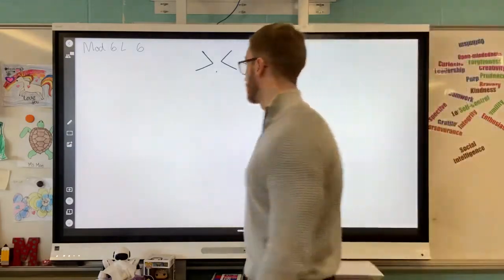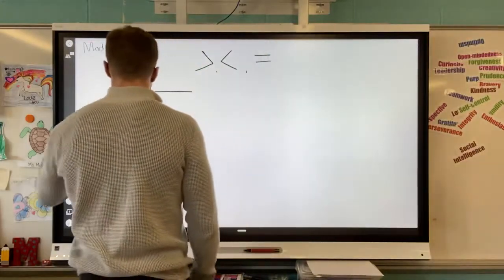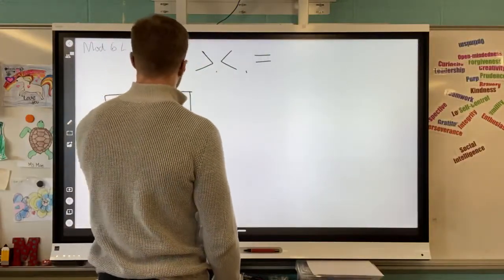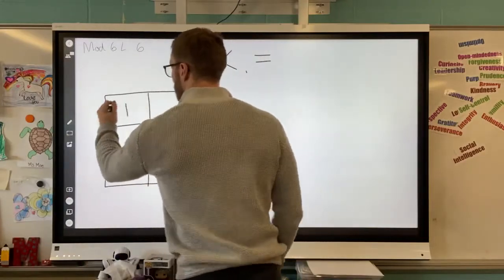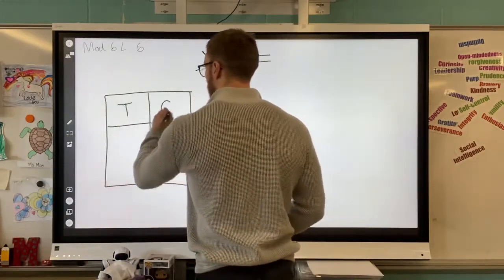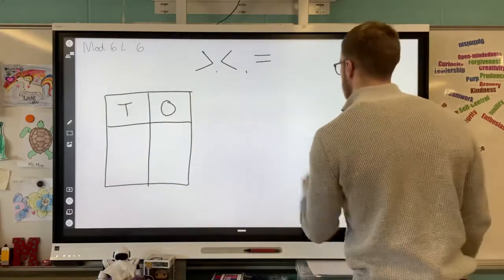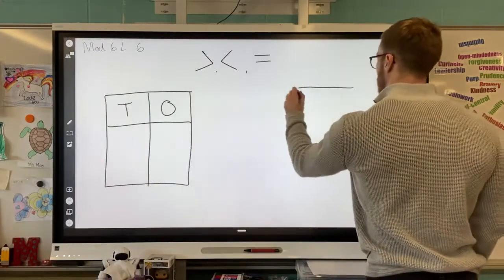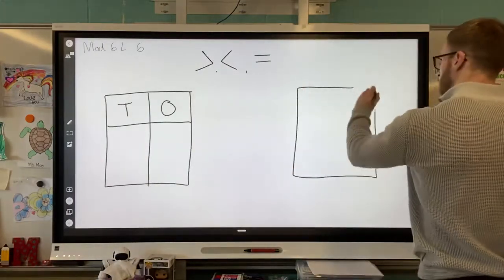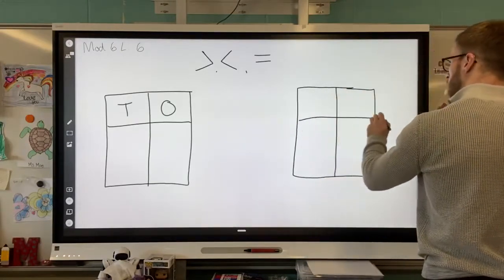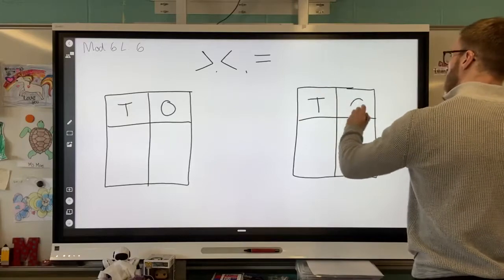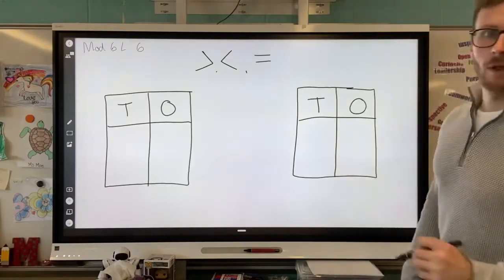Okay, I'm drawing a place value chart. I'm going to have T for 10s, as always, and our O for 1s. And I'm going to have our second place value chart over here. You guys can draw one as well if you want to. Otherwise, you can just look up on my board.